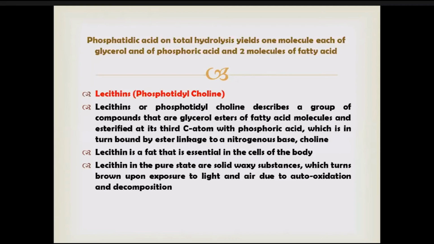So the physical appearance of lecithins is a solid waxy substance which can undergo rancidity if exposed to air or light, and as we discussed earlier, rancidity is basically the phenomenon of auto-oxidation and decomposition, and because of that, they change their color.